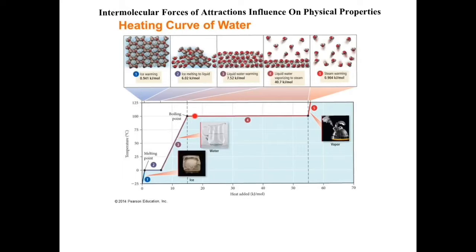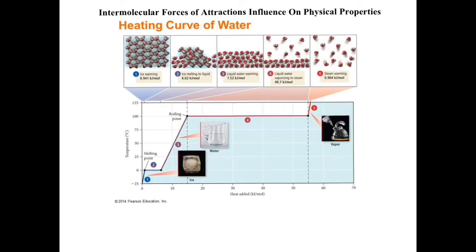Then to boil that 1 mole of water, it would take 40.7 kilojoules. And then to heat up the water vapor from 100 to 125, so to go up an additional 25 degrees, would take 0.904 kilojoules to make that happen.